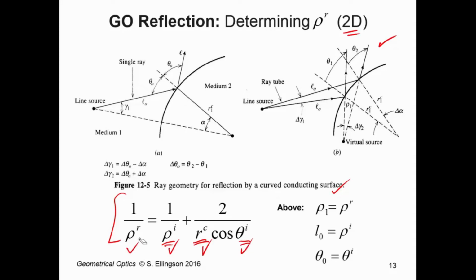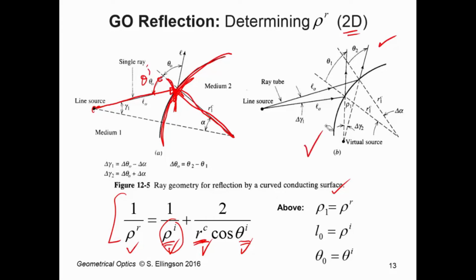So if I draw them up on this image from your book, here is the reflecting surface, here is the source, here is the incident ray. So rho super I is the wavefront curvature of the incident field at this point. The radius of curvature is this, and then theta super I is this angle. You know those three things, you can come up with the reflected wavefront curvature.